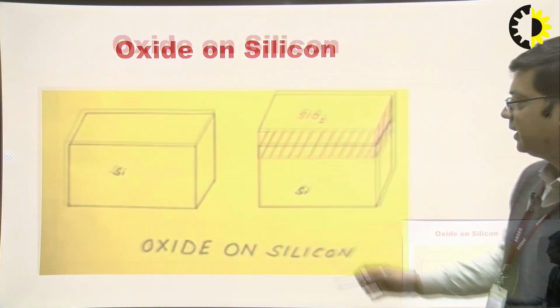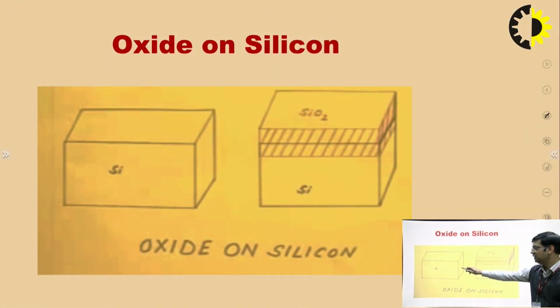Here in this figure it has been shown how the silicon wafer looks before the oxidation takes place and after oxidation takes place. So, we can see that on the top of the silicon a SiO2 layer is formed, and this was the original silicon interface. So, the SiO2 layer is formed below as well as above the original silicon surface.